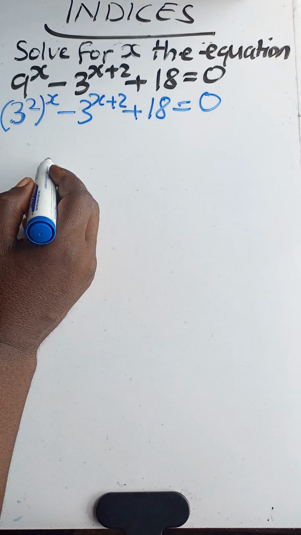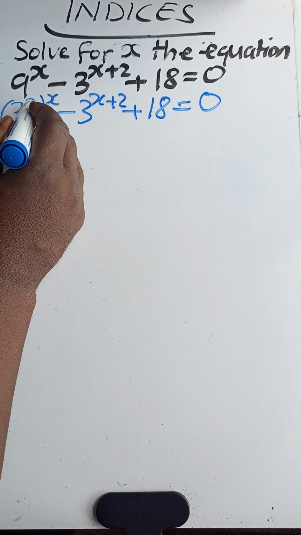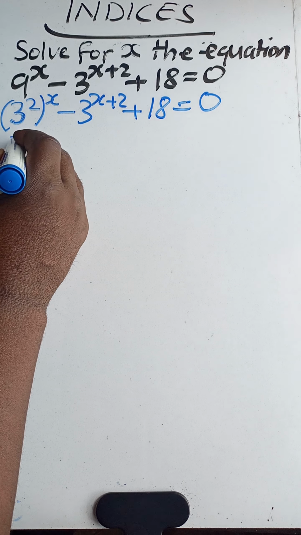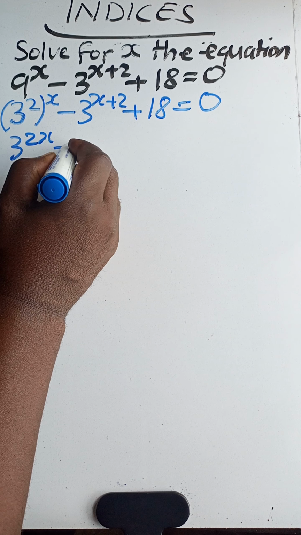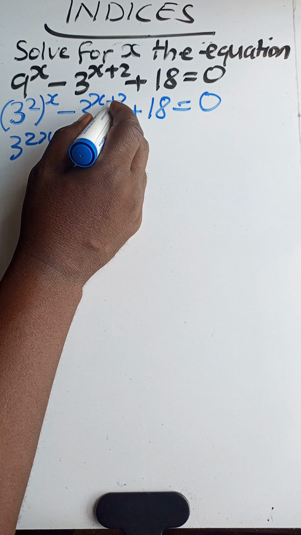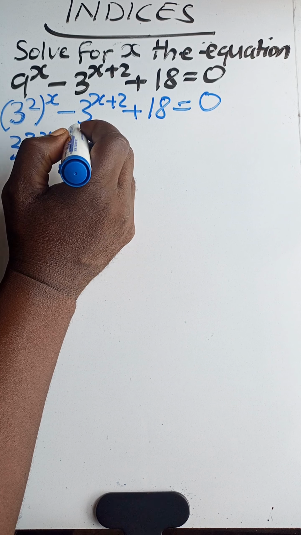Okay. Now, the next thing, we see a power to a power. This means 3 to the power 2x. So we have 3 to the 2x minus... If we have the powers added, it means there was a 3 to the power 2 multiplied by 3 to the power x.